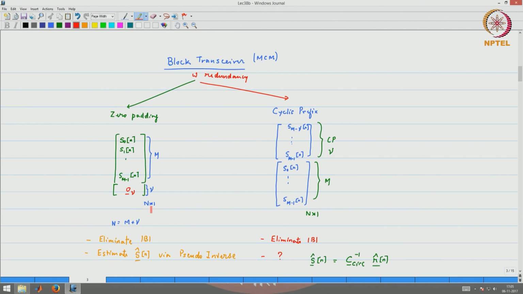Now, in the case of zero insertion, the final result is obtained via a pseudo inverse operation. Let me write that down.